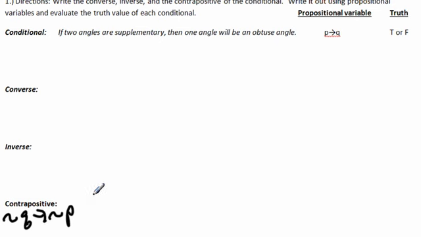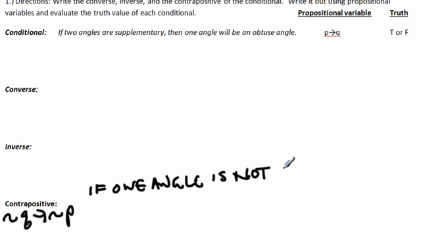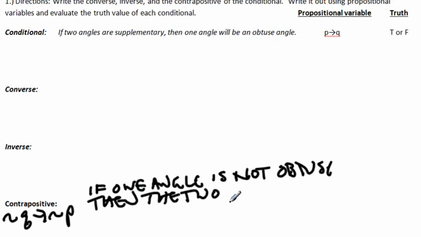And so we would get something like: if one angle is not obtuse, then the two angles are not supplementary.